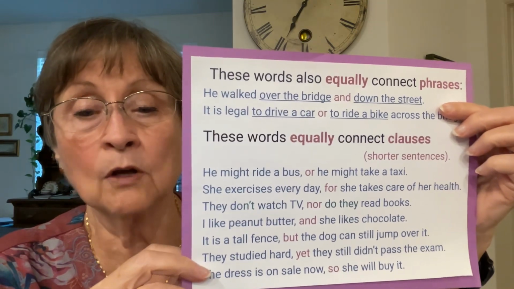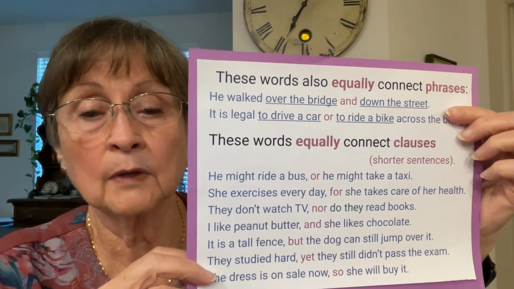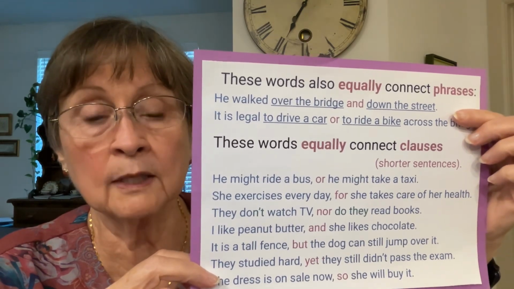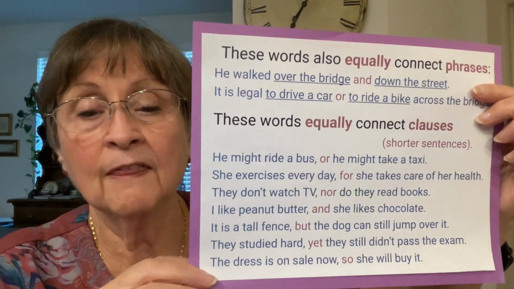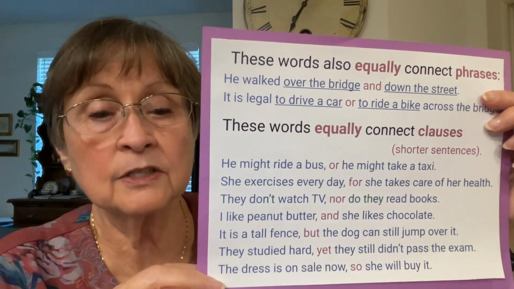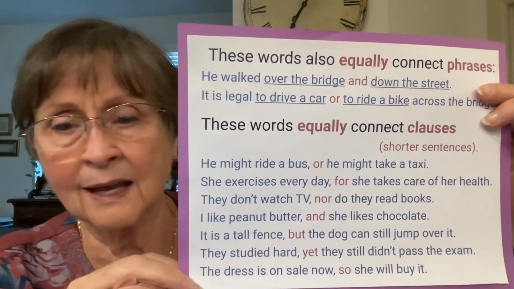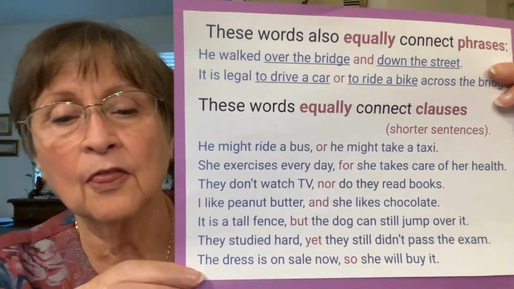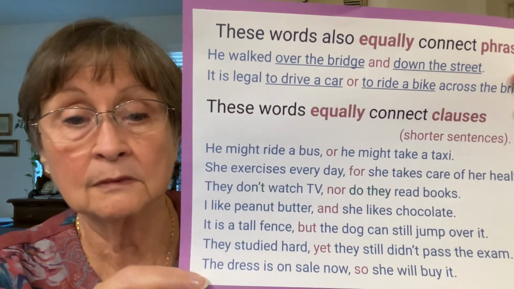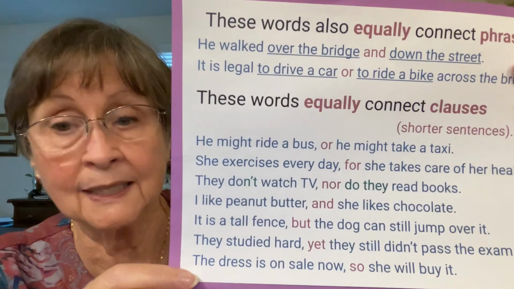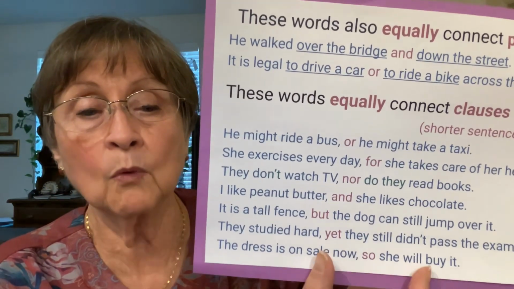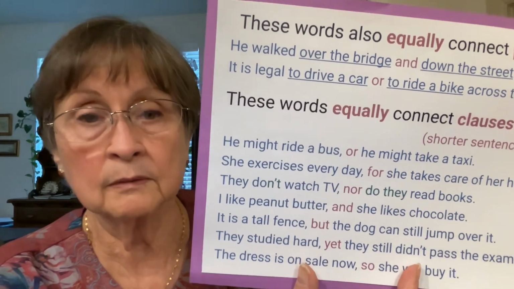It is a tall fence, comma, but the dog can still jump over it. They studied hard, yet they still didn't pass the exam. So sad. The dress is on sale now, so she will buy it. Two complete sentences, both equally important.